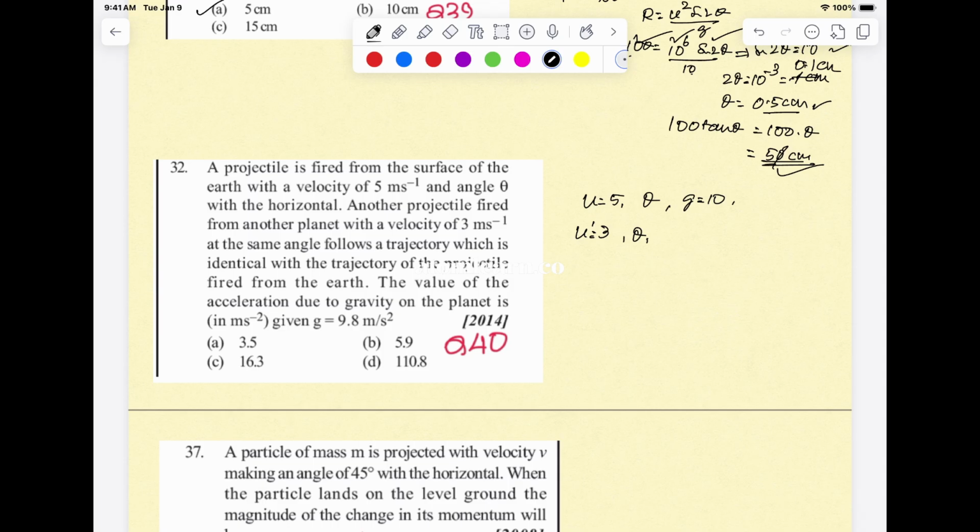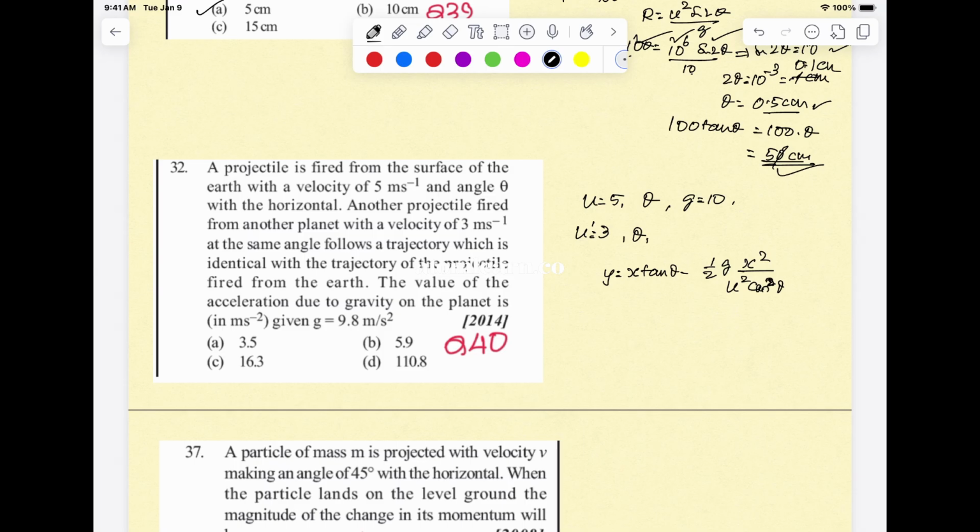That means we need to talk about the projectile path formula, the trajectory formula. y equals x tan theta minus half g x squared by u squared cos squared theta is the path equation, the trajectory equation.